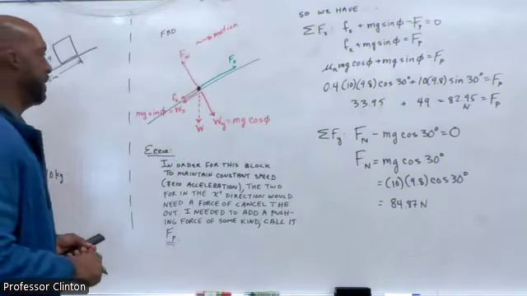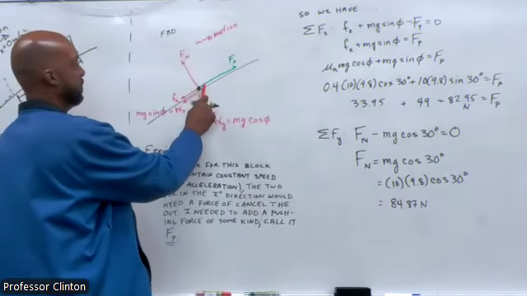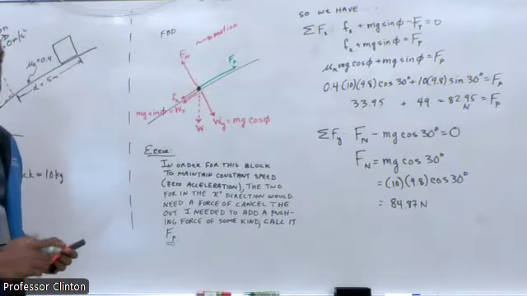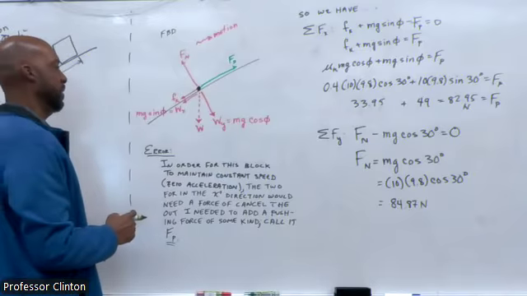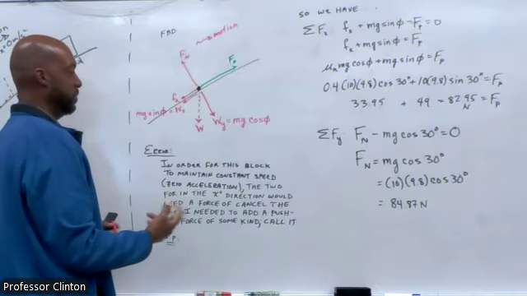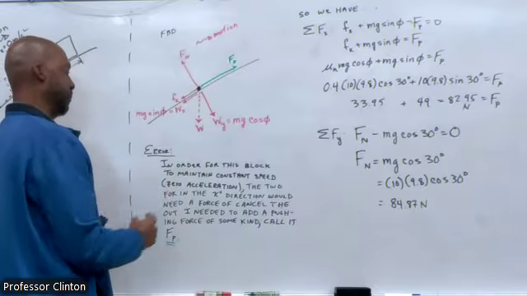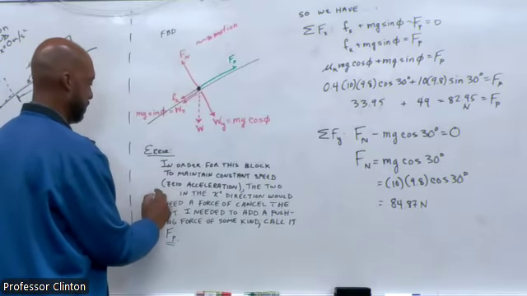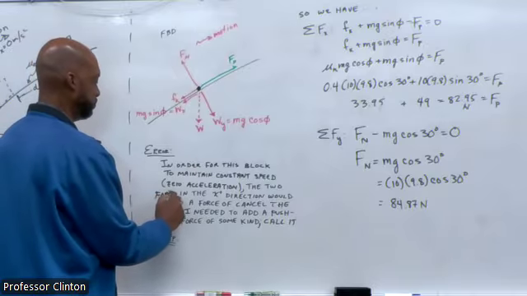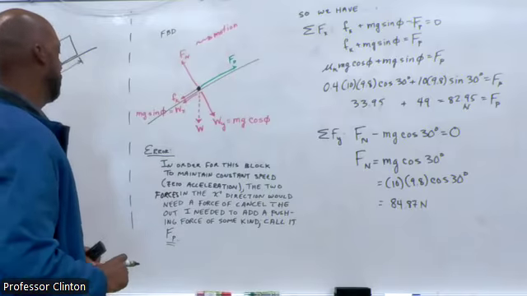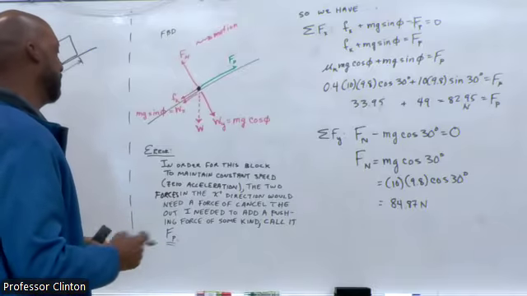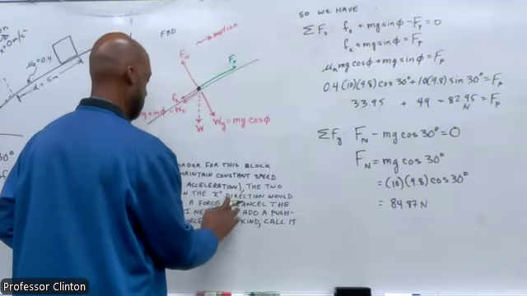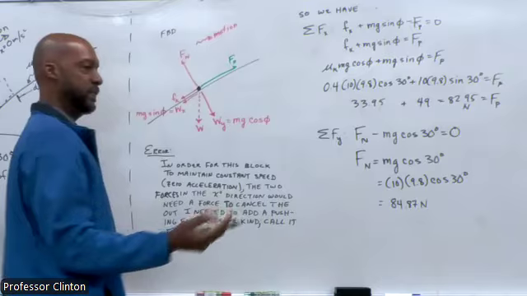Now, the mistake that I made was I forgot to give you the pushing force. In order for this object to maintain a constant speed, in other words zero acceleration, the forces in the x direction would need a force to cancel the other out.